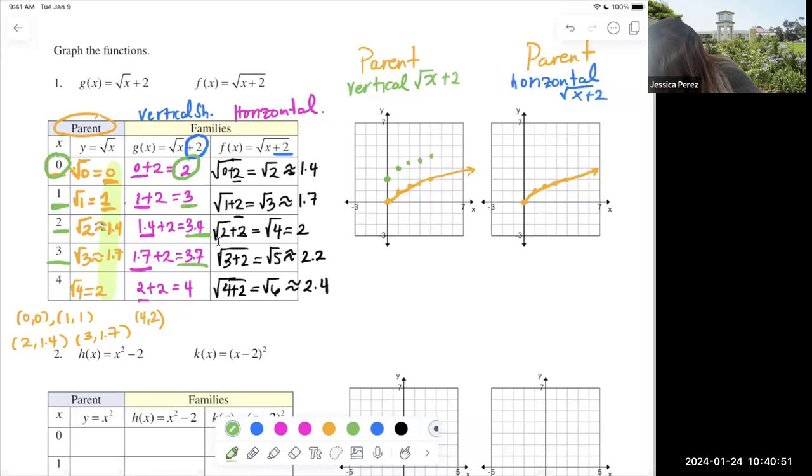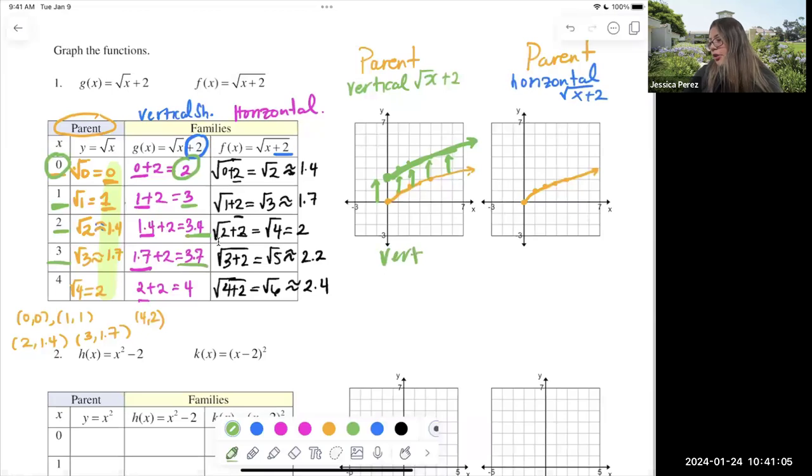Like so. Notice that it moved 2 units up from the point. So it vertically shifted 2 units up. From each point, it went up 2 units.